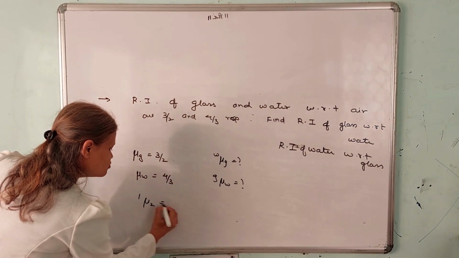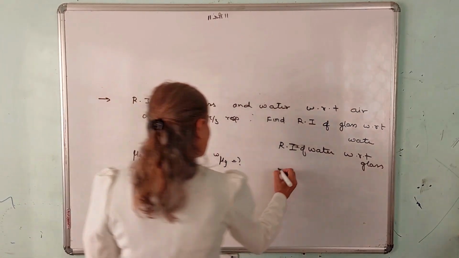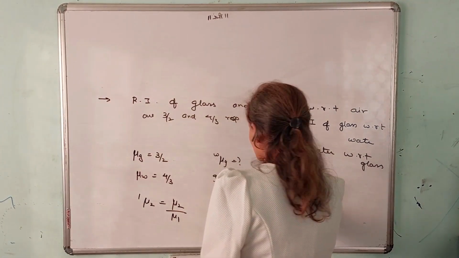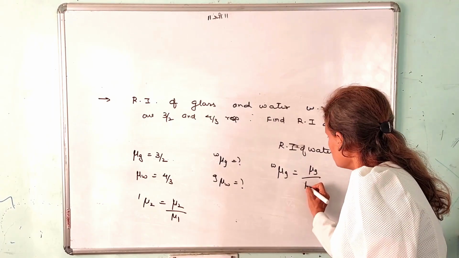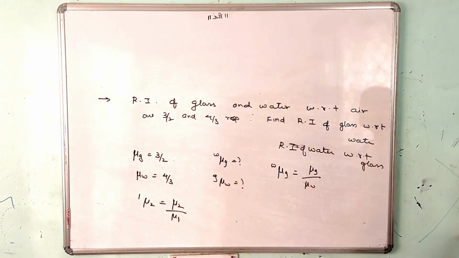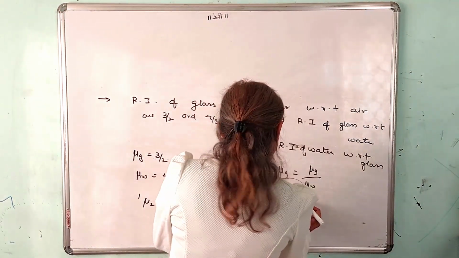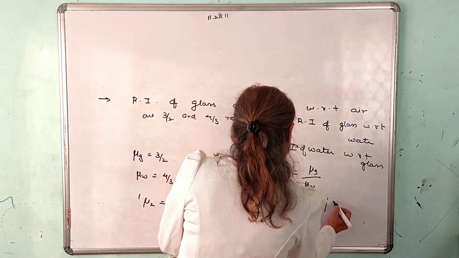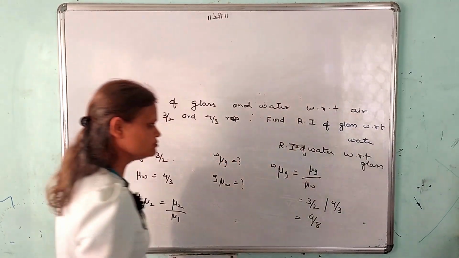This formula: mu21 is mu2 by mu1. So for example, if I want to find mu GW, it will be equal to mu G by mu W. And mu G is 3 by 2 divided by 4 by 3, that is 9 by 8.